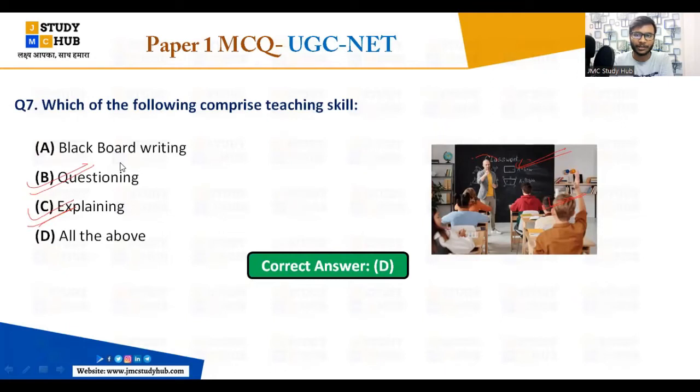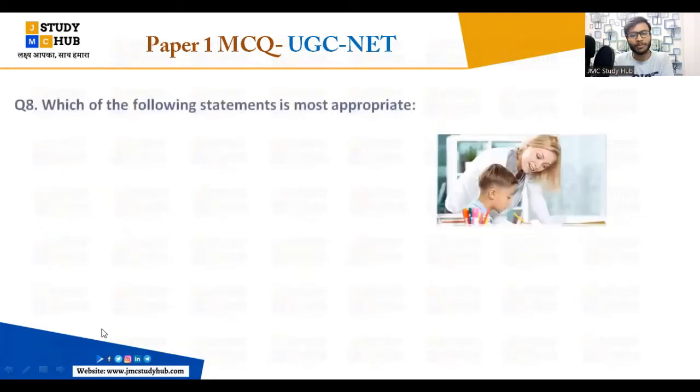Okay, chalo. Next we will move to question number 8: which of the following statements is most appropriate? This is from the chapter on teaching aptitude.